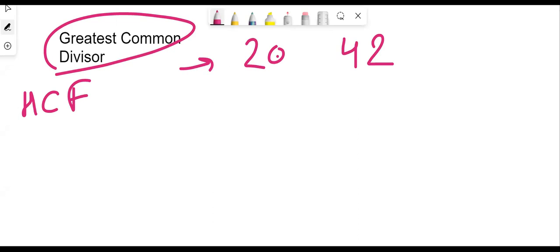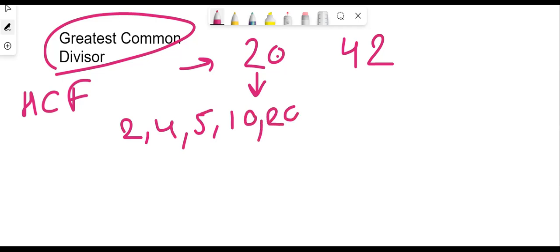So what are the factors or divisors of 20? We will not consider one, because one is itself a divisor, and if we consider one, then at least everything is there. So 2, 4, 5, not 6, not 7, not 8, not 9, 10, and 20 itself, right?